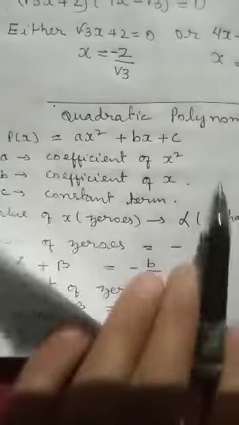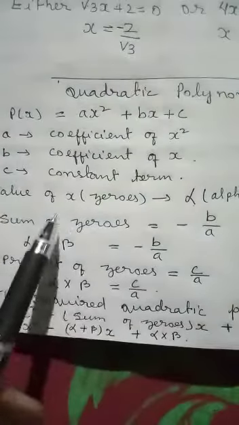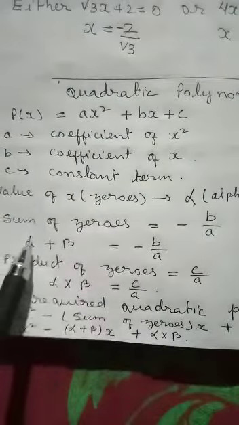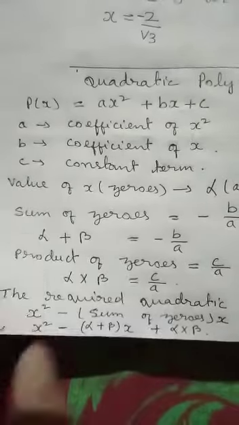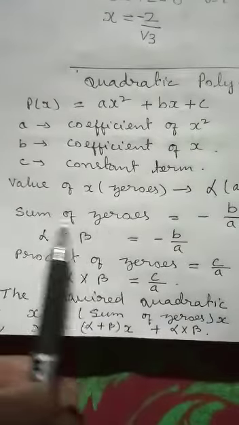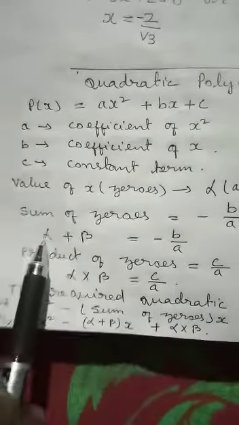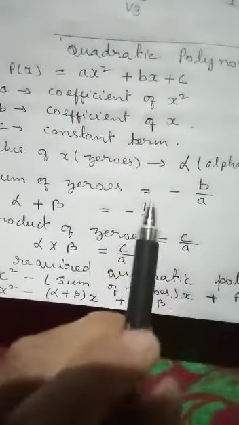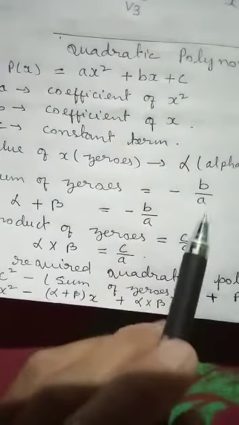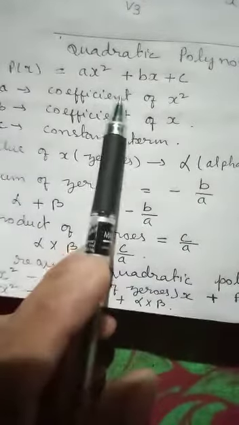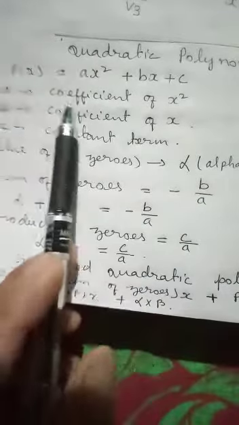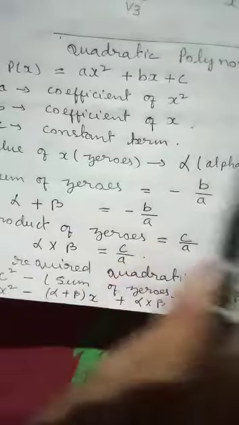So there you see the relation between these and the coefficients. These are the formulas you have to remember yourself. Sum of zeros, that means alpha plus beta, should be equal to minus b by a. B is the coefficient of x, a is the coefficient of x square.